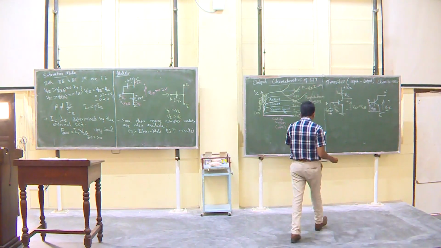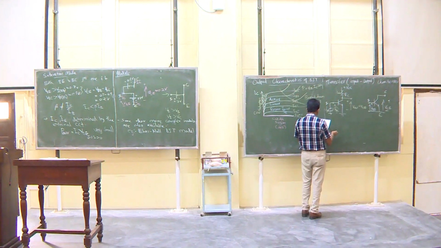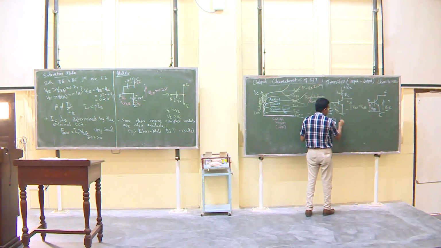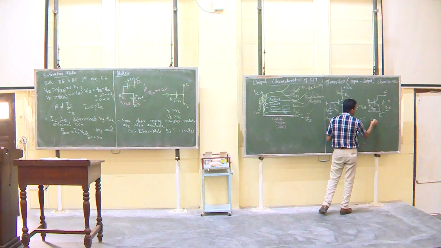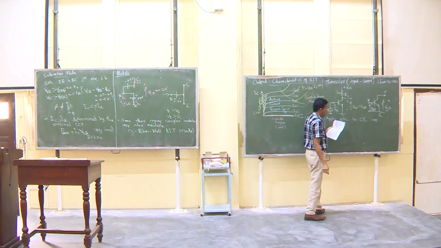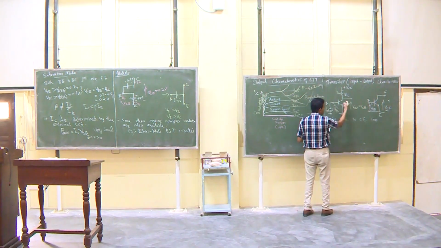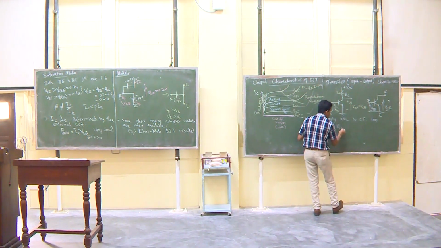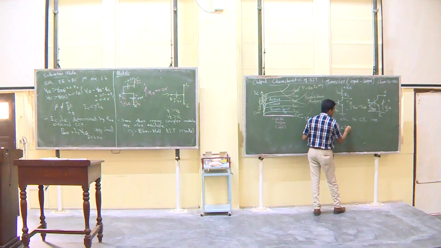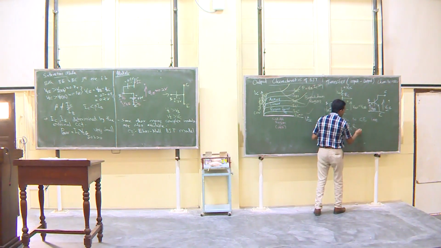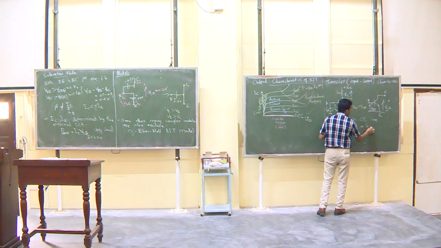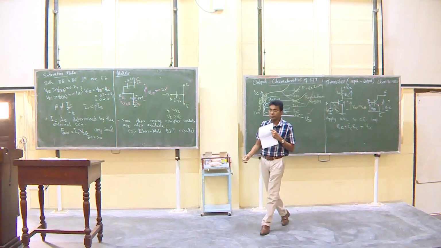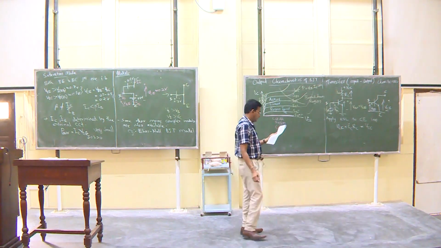So, in order to get it, we can first apply Kirchhoff's voltage law to the CE loop, output loop, right. So, V out is VCE plus IC RC, so this plus this should be equal to VCC from Kirchhoff's voltage law, right. So, that is simple enough.